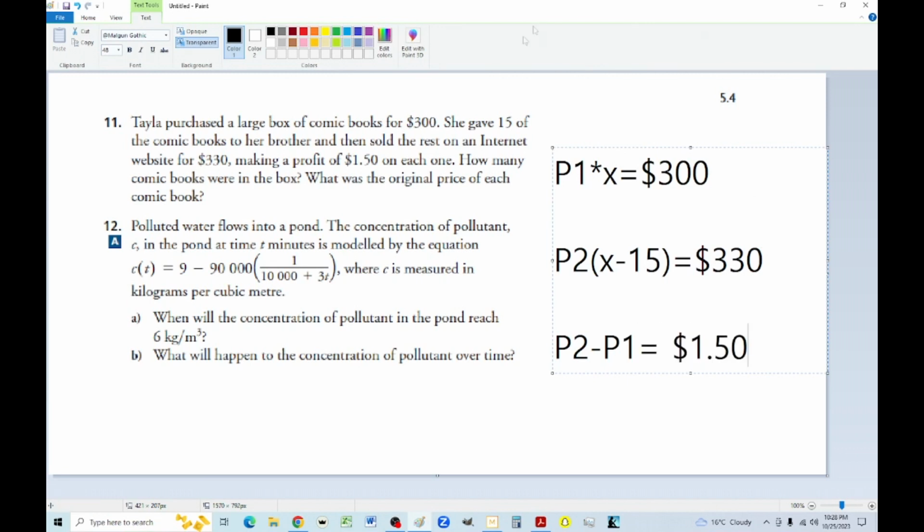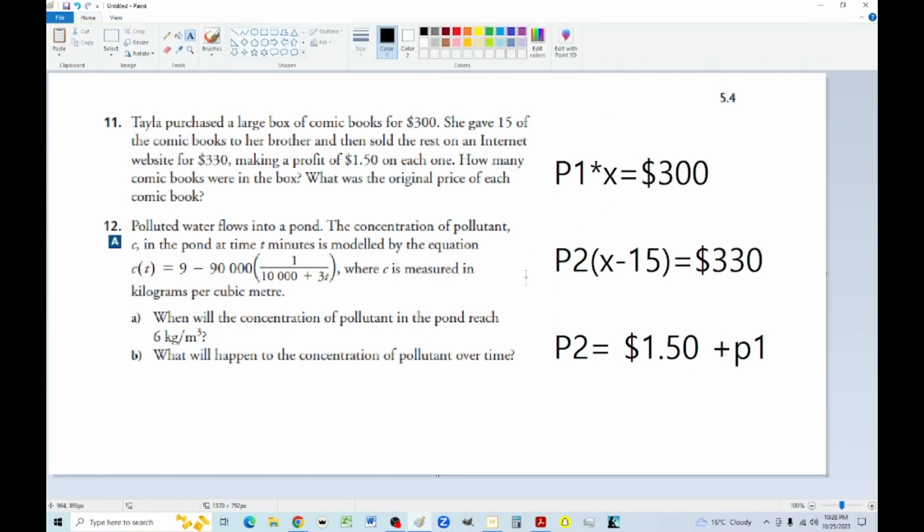Which means you can say price 2 is equal to $1.50 plus price 1. So I can replace where I see price 2 with $1.50 plus price 1, like that.